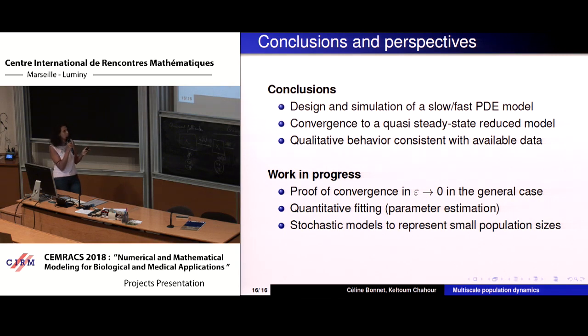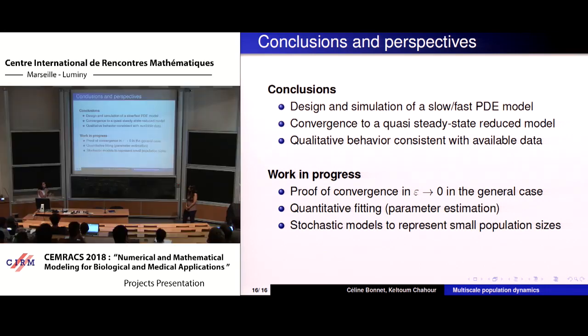But we still have to prove the convergence when epsilon tends to 0 in the general case. We can do also some quantitative fitting by making parameter estimation based on biological data. We are working on this part, and I think we will work on the reduced model to do this since it's simpler to manipulate and to resolve numerically.